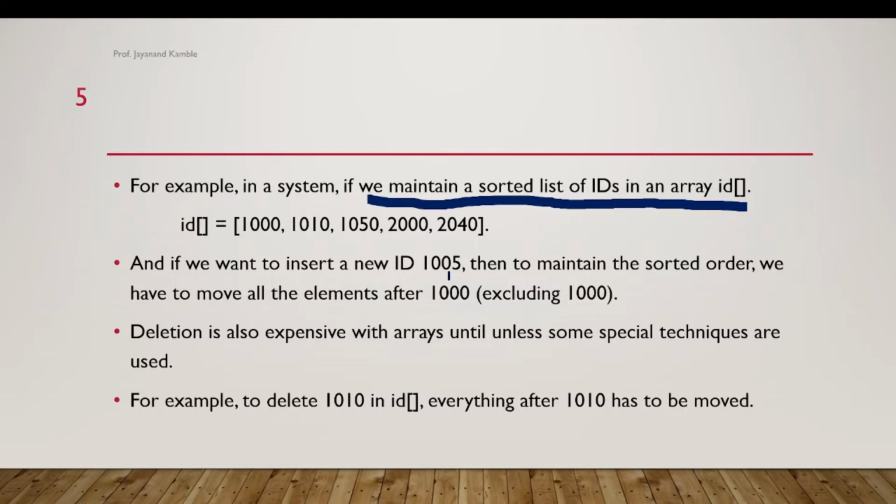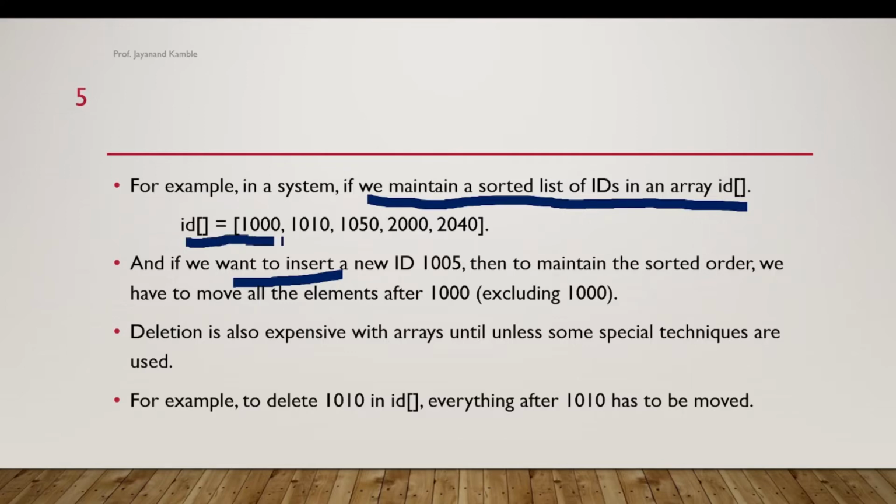All these numbers are in increasing order, and now roll number 3 has taken admission. So I need to check where to put roll number 3. Roll number 3 should be before roll number 5, so accordingly I have to adjust my list. And if we want to insert, see what is the list?